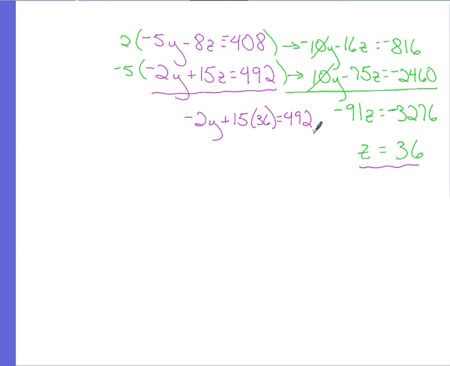So I'm taking 15 times 36, whatever that is, subtracting it over to 492, whatever that is. Feeling negative at this point. Negative how much? 48, beautiful. Which means if you divide by -2, y is 24.